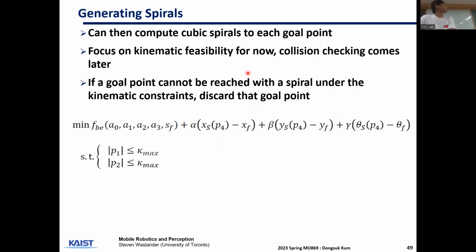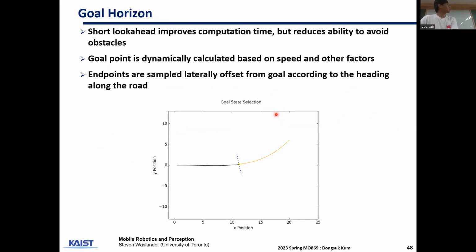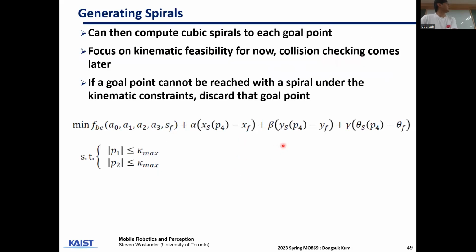At this stage, usually you only focus on the kinematic feasibility and ignore any collision checking processes. If a goal point cannot be reached with a spiral, you can just remove it from the possible path candidates. Then you use this equation to solve these endpoints to generate the curves.